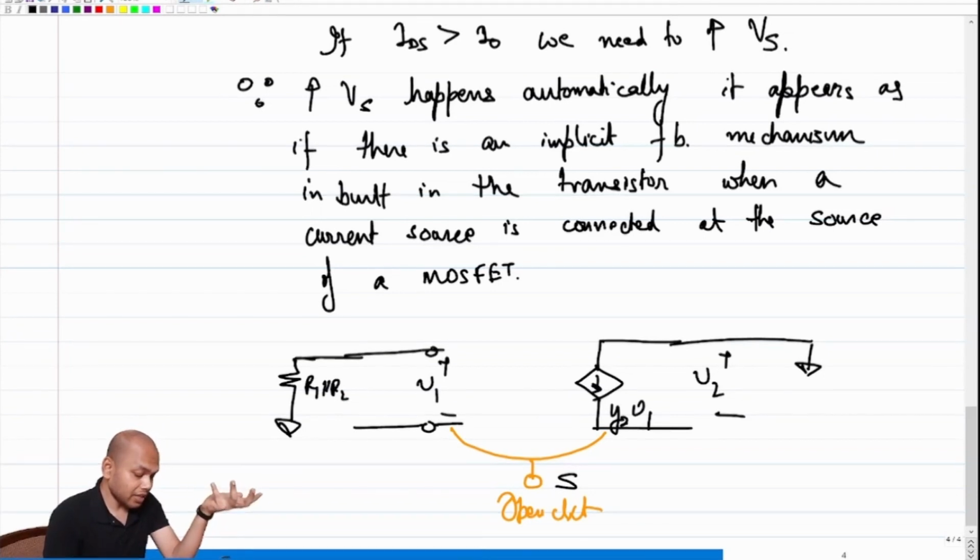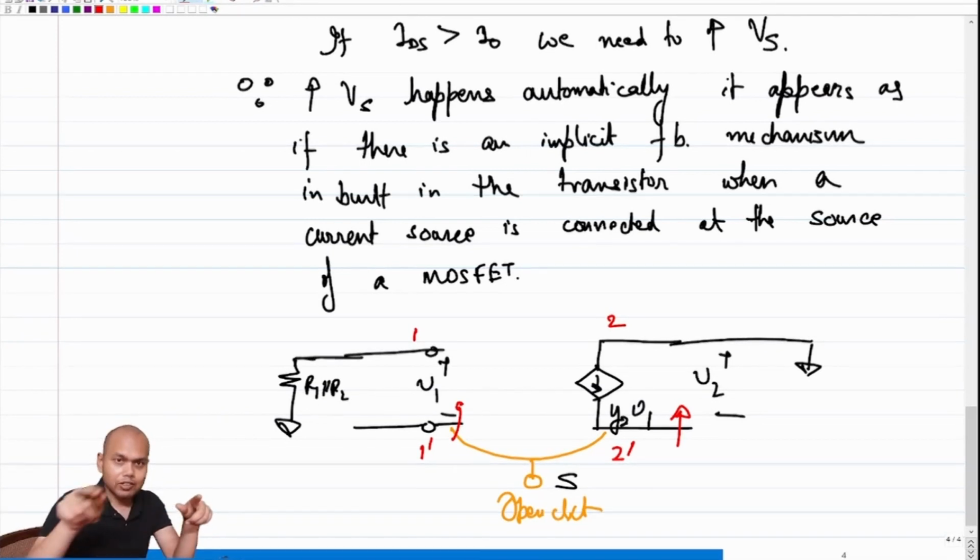So where is this implicit negative feedback coming from? The implicit negative feedback is coming at the source, because if, for example, the voltage at this terminal increases for some reason, since the two terminals, let me call them 1 prime and 2 prime, are connected together, if the terminal 2 prime increases, the terminal 1 prime also increases, right?